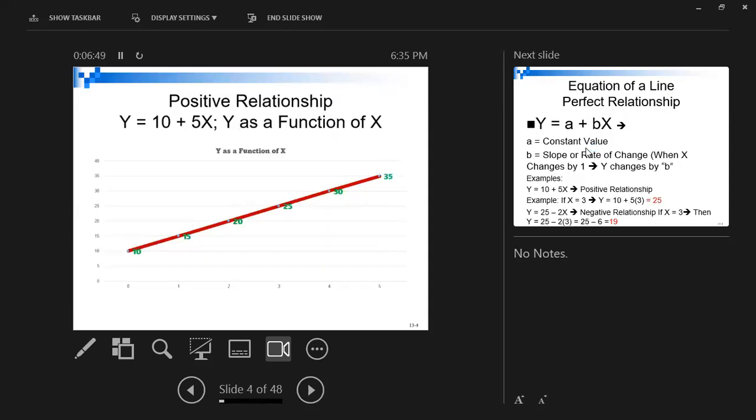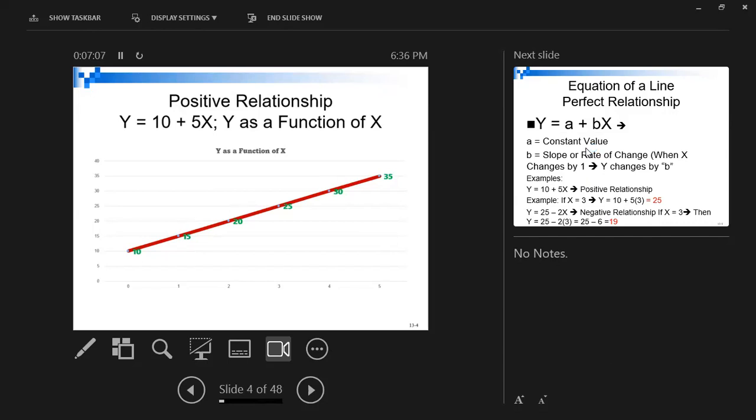All right. So now when you look at this function, y is equal to 10 plus 5x, what you observe is that the line fits perfectly into the points, right?